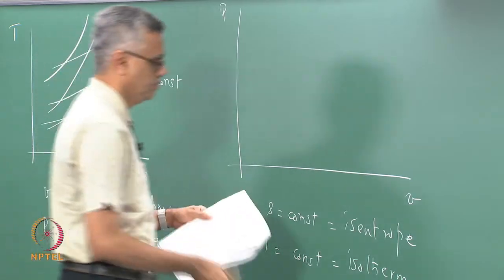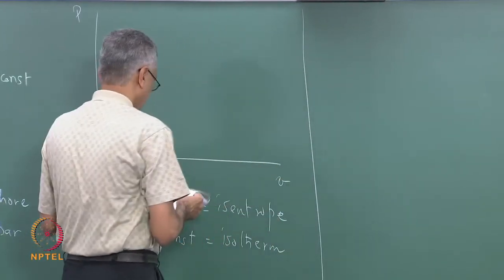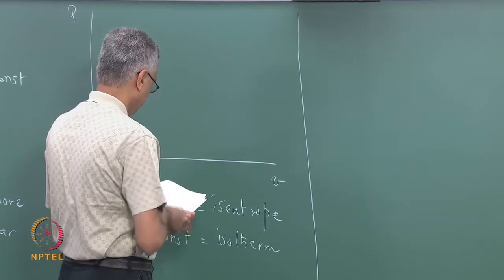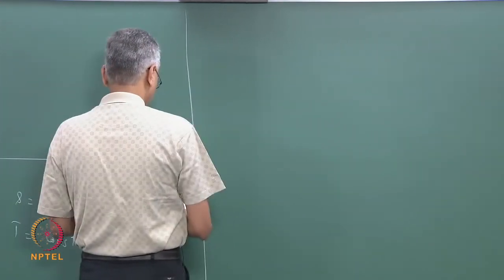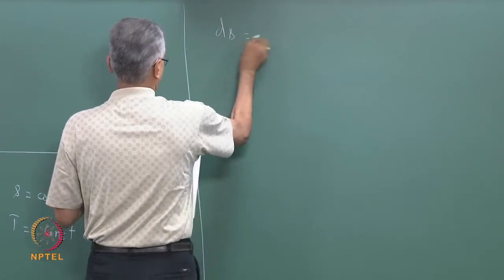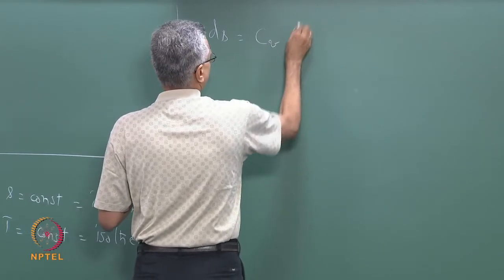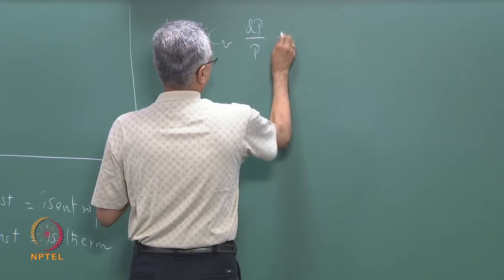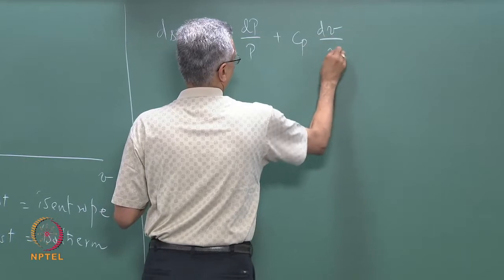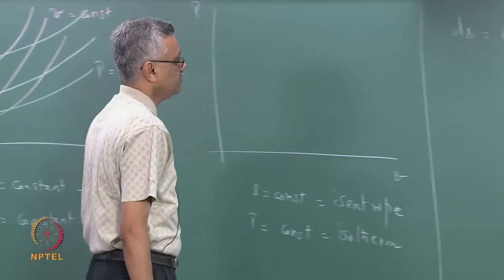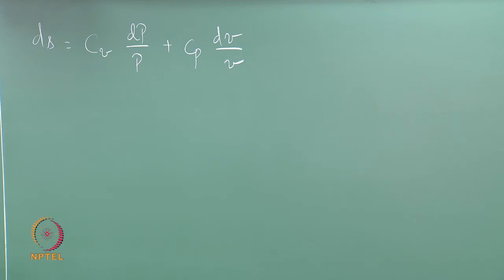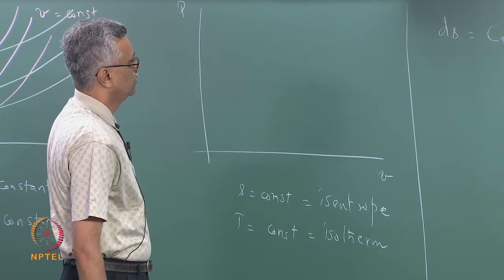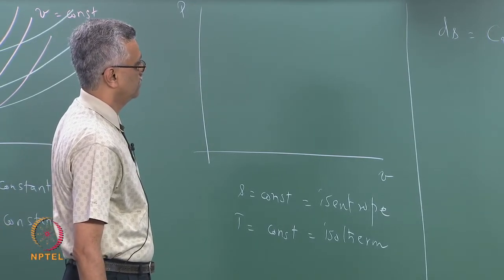If you remember this equation, it looks like this: ds is equal to Cv times dP over P plus Cp times dV over V. Remember, I am trying to see what the S equal to constant line looks like on this diagram.